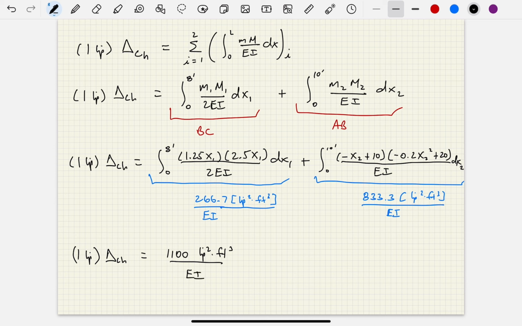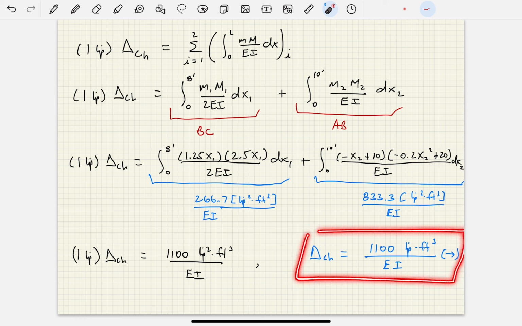And finally, if I cancel 1 kip with one of these kips here, I'll end up with a final value of delta CH is 1100 kip feet cubed, all divided by EI. It came out as positive, so this displacement is pointing to the right. It's pointing in the direction that we assumed. So this is my final answer.